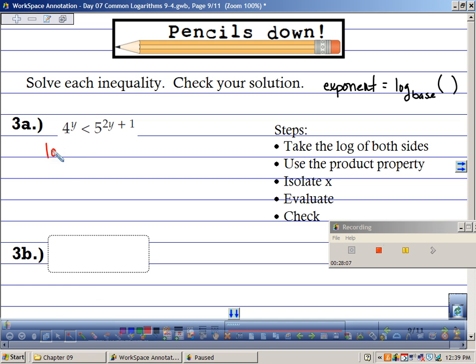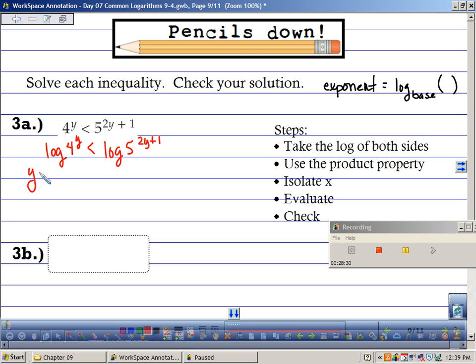All right, so I'm going to take the log of both sides. Log 4^y is less than log 5^(2y+1). What do I do with exponents when you have logs? Put them in front.